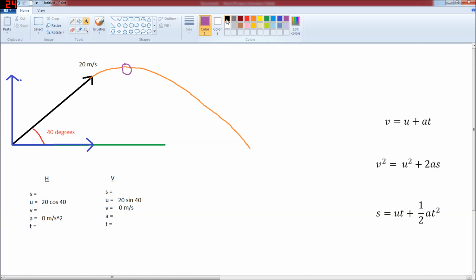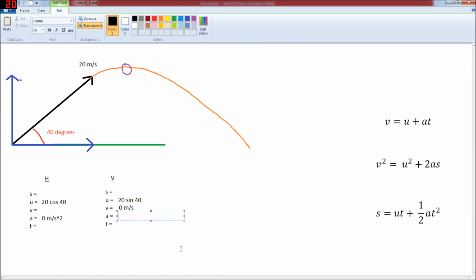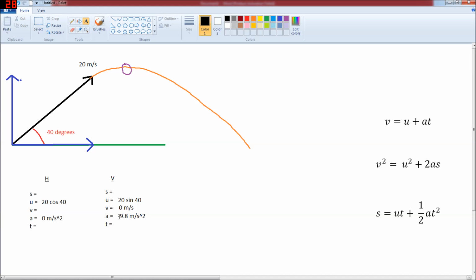Now we can also say the value of the acceleration here, and I'm going to say it's minus 9.8 meters per second squared. I've chosen negative because I am choosing upwards to be positive. Anything that goes up for me is positive, and anything that goes down is negative.